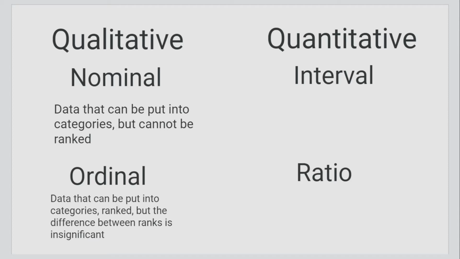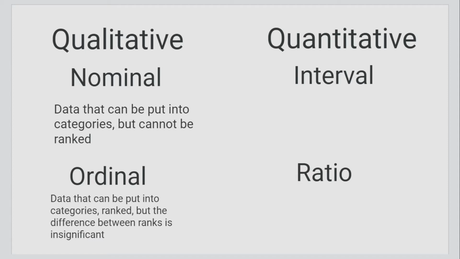If I take the 5 fastest runners at Crix, the difference between first to second and second to third and third to fourth and fourth to fifth, the difference between those are probably not going to be consistent, right? It's not going to be the same difference every single time.